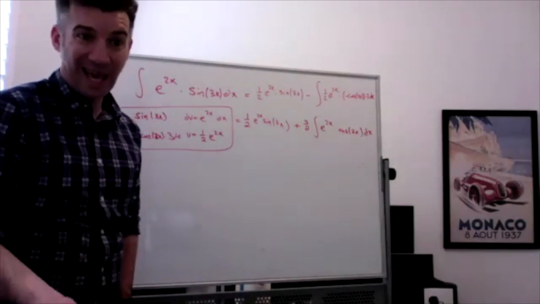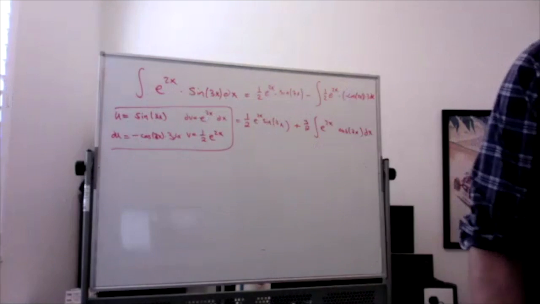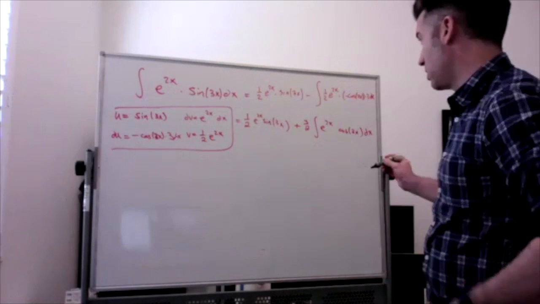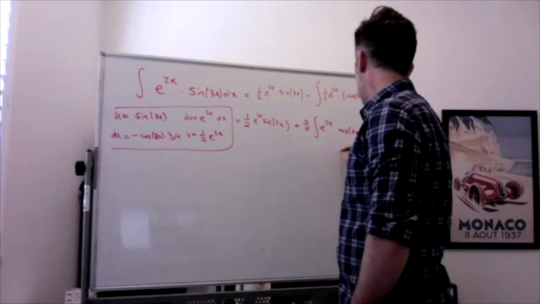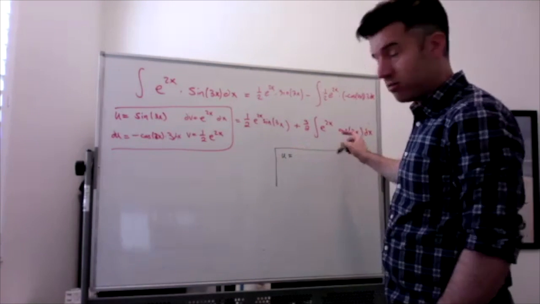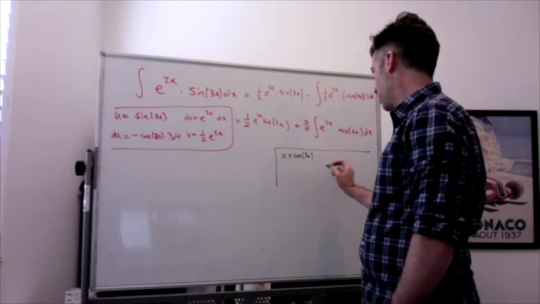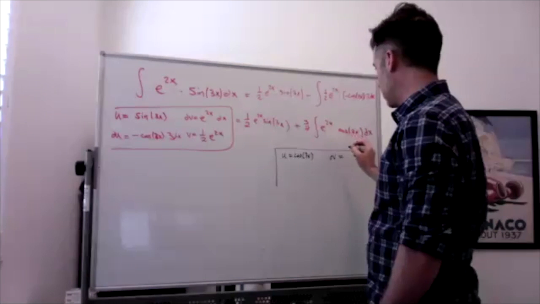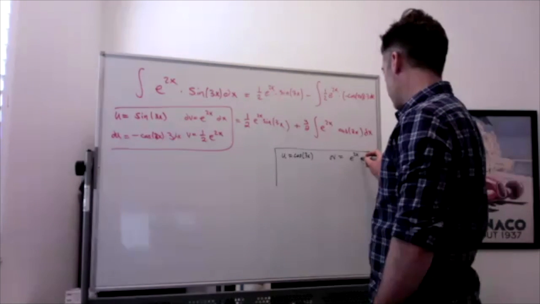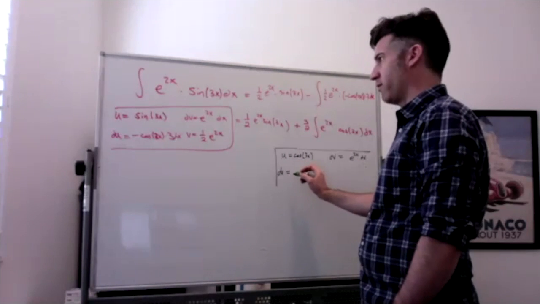And then we do it again. We say, okay, I'm going to make the same sort of substitution. I'm going to let u equal the trig thing again, in this case cosine of 3x. My dv is whatever's left, which is e to the 2x dx.